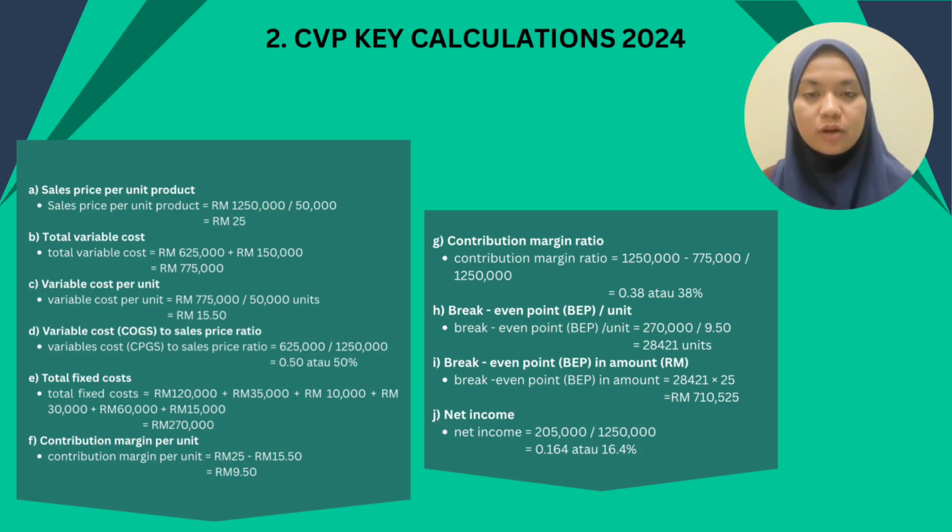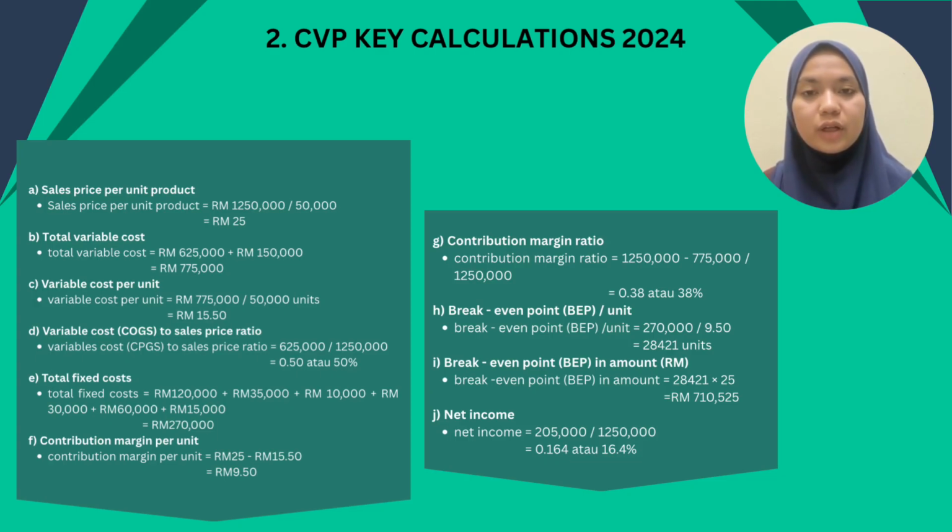And for the variable cost per unit, the formula is total variable cost divided by units sold. The calculation is 775,000 divided by 50,000 equals 15.50.